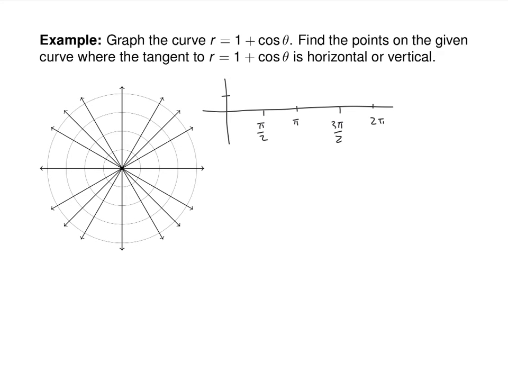A normal cosine curve would have begun at 1, been 0 at pi halves, been -1 at pi, back to 0 at 3 pi halves, and back up to 1 by 2 pi. But we don't have a normal cosine curve, we have a cosine curve shifted up 1, so we begin at 2. By pi halves we're at 1. By pi we're at 0, by 3 pi halves we're at 1, and by 2 pi we're back up at 2.